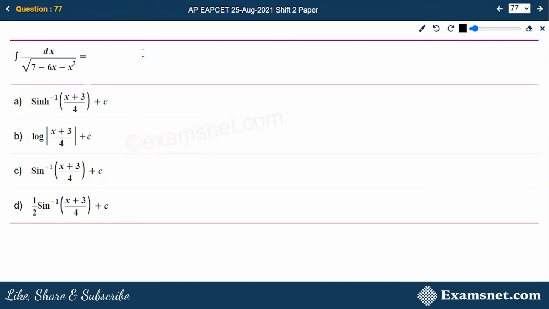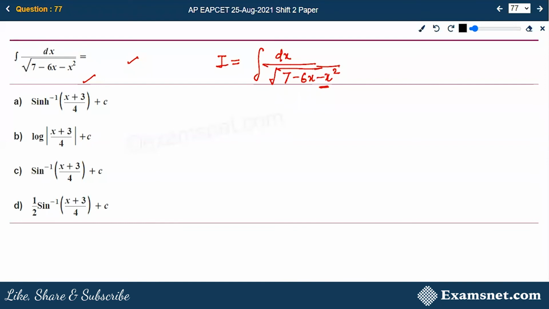So now let's start with question number 77. It is integral of dx upon root of 7 minus 6x minus x square.